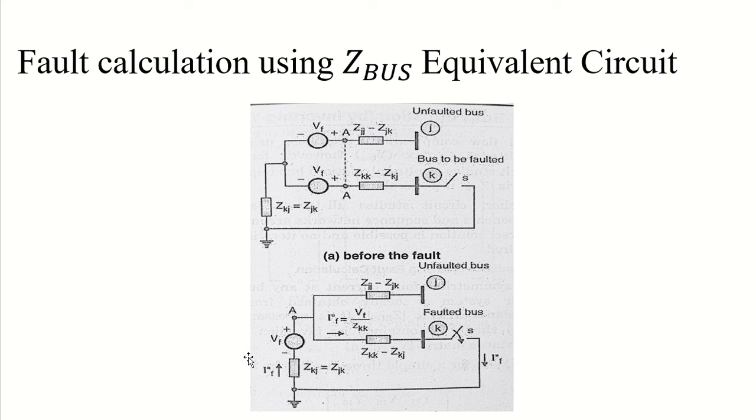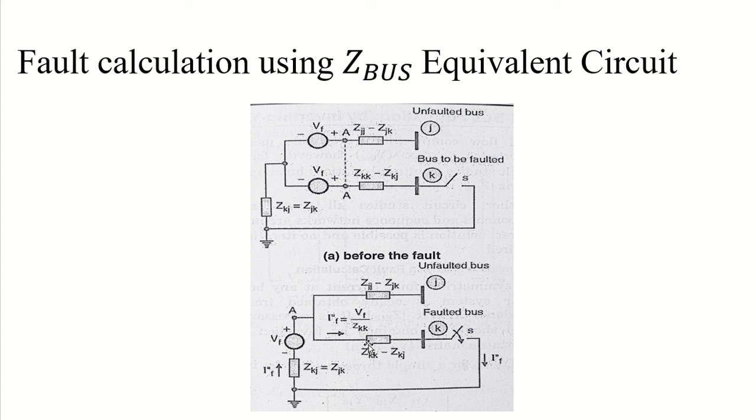And this way, by substituting the appropriate values for impedances in the equivalent circuit of my Z bus, we can calculate the bus voltage of the system before and after the occurrence of fault.